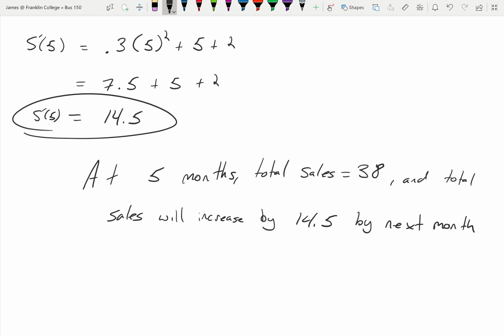So at 5 months, our total sales is $38, and we know at 5 months, our monthly sales is changing by 14.5. All right, so that does it for today's lesson.